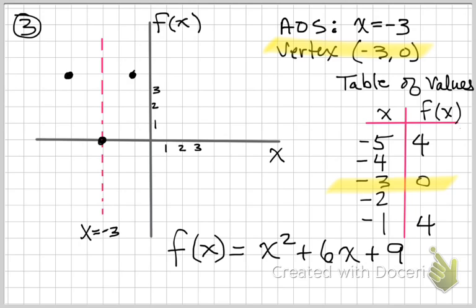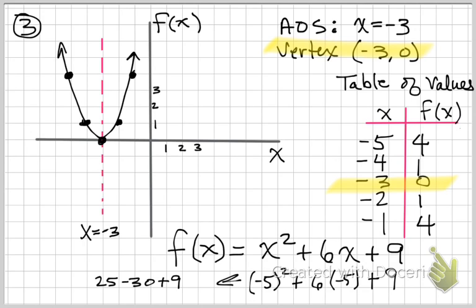And then I can evaluate the negative 4 or the negative 2, and whatever value I get for that, because of symmetry, it's also going to be the y coordinate for the other value as well.